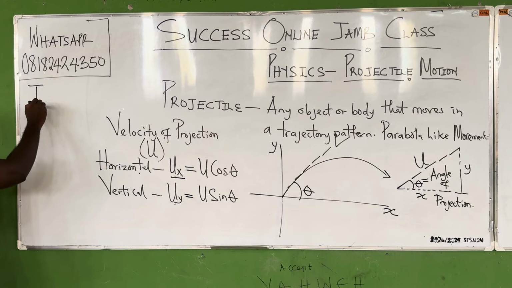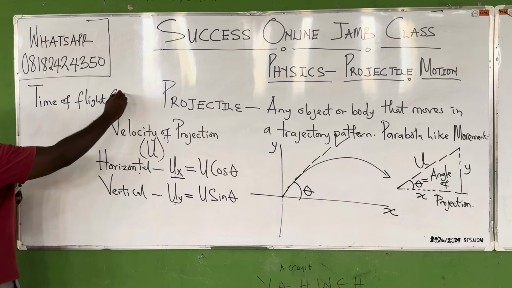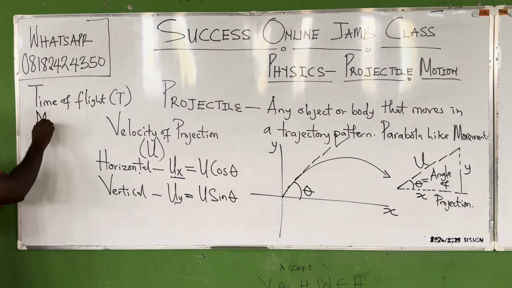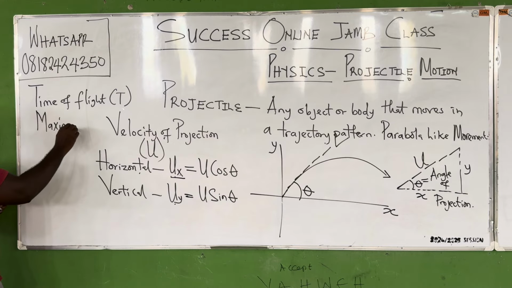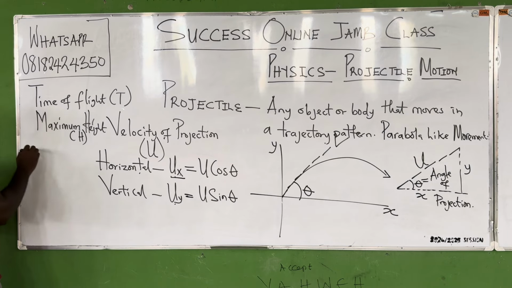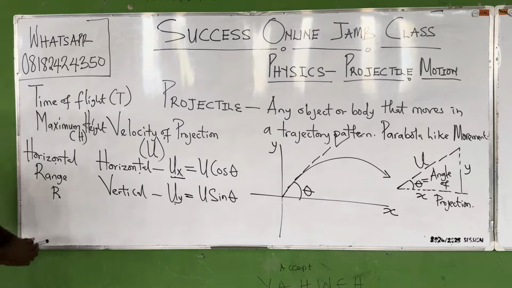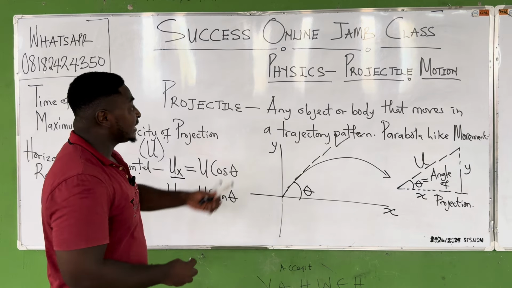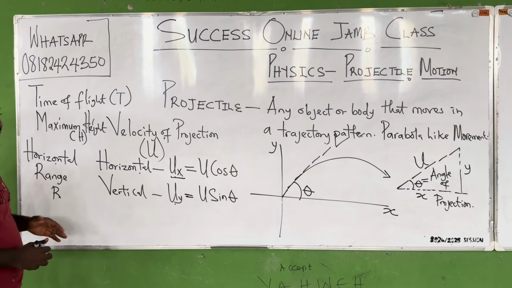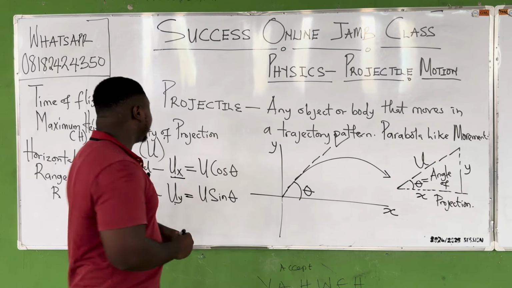One of them is the time of flight, T. The second is the maximum height, H. And the last one is the horizontal range, R. These are the three key formulas under projectile motion. Any student that wants to understand projectile motion must understand them. Now, I'll help explain these three formulas and what they mean.